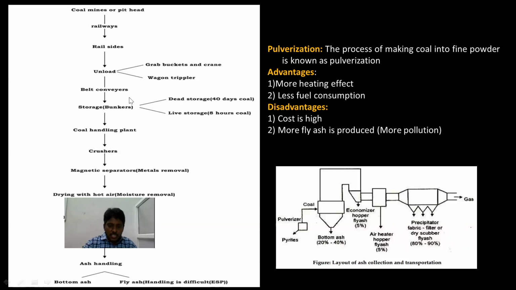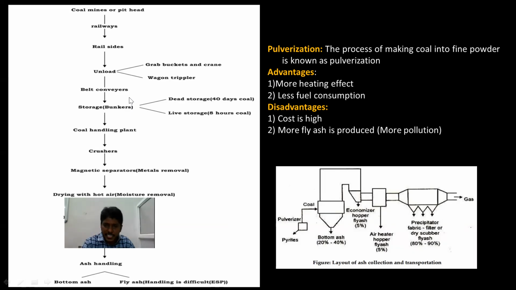So the next 40 days of coal will be sent to the dead storage. From the dead storage, the coal required for power generation for the next 8 hours will be in live storage. There are two units physically, it may be the same unit, but we call them dead storage and live storage.